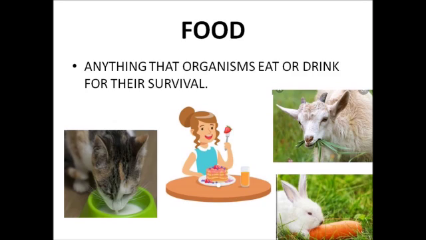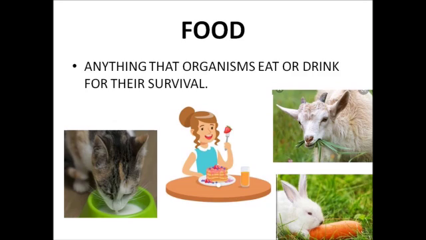Now, these different organisms have different food habits. They eat different types of food. For example, if you can see on your screen, rabbit eats carrot. Cat is very fond of milk. Birds eat seeds. Then think of a goat. What does goat eat?